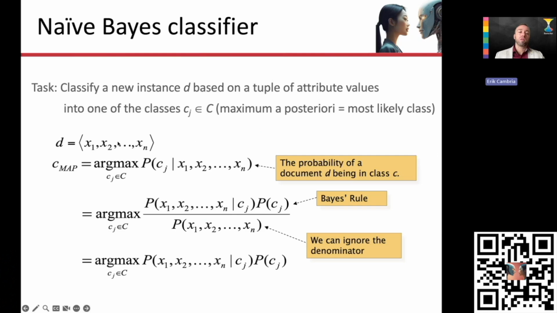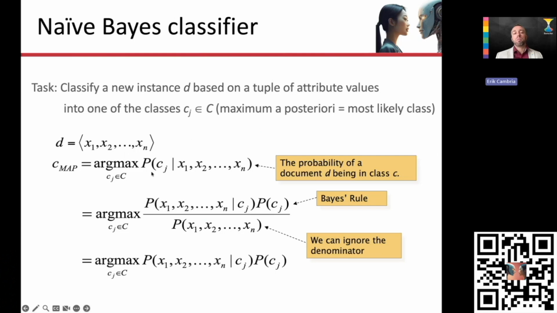So I need to calculate the class. I need to take the maximum of the probability of C, the class, given the document. The document for now, we represent it just as a bag of words. All these X1 to Xn are the words that make up the document.